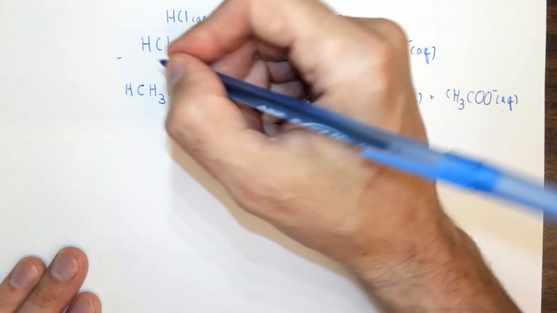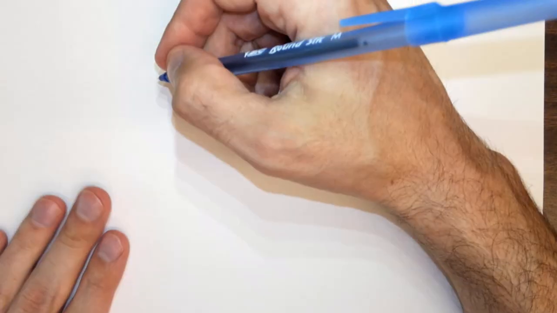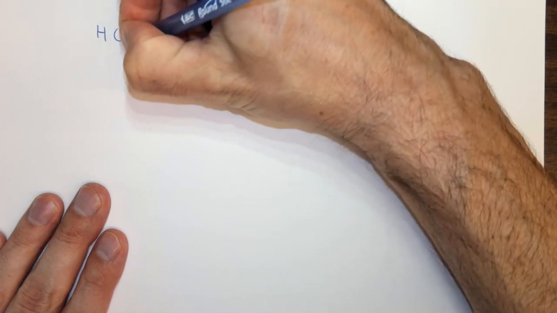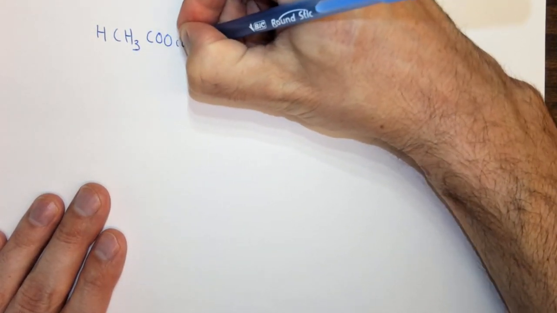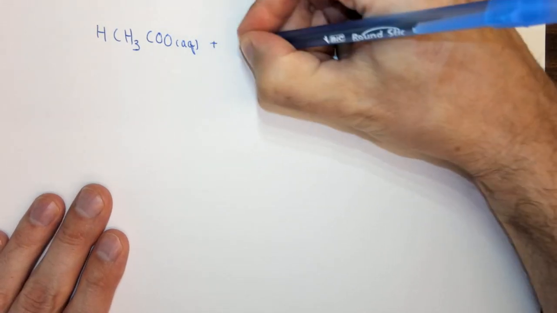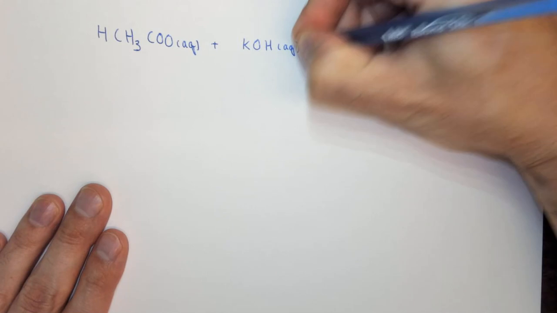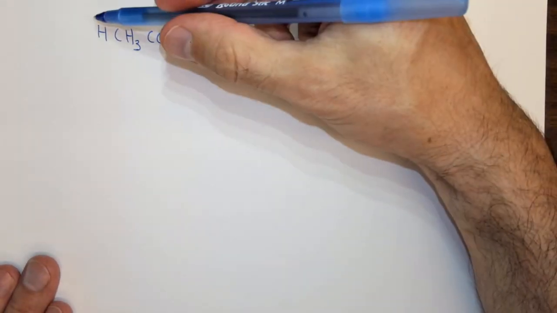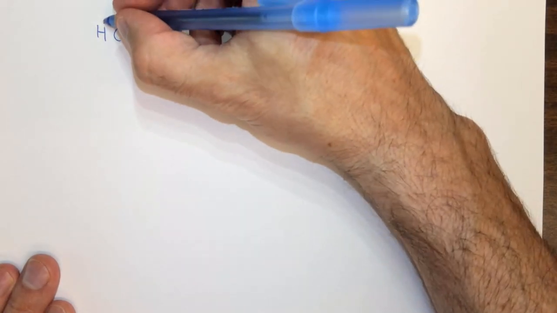I'm going to switch to a new slide. If we take CH3COOH, aqueous, acetic acid, and react it with a strong base, for example, KOH, aqueous, we now have a special type of double displacement reaction. We have H plus and acetate minus, K plus and OH minus.